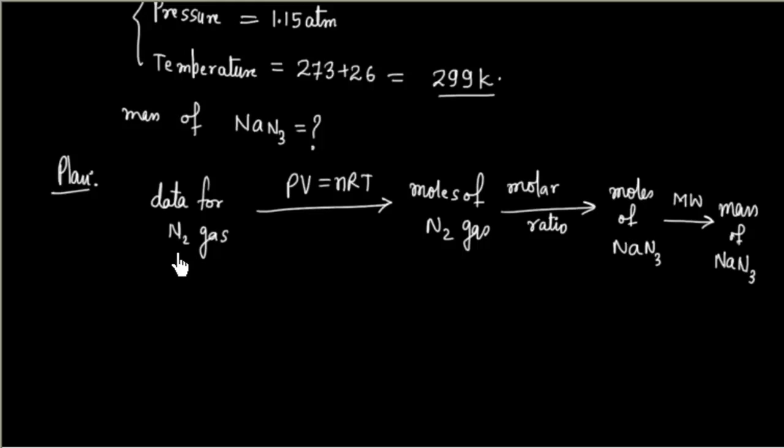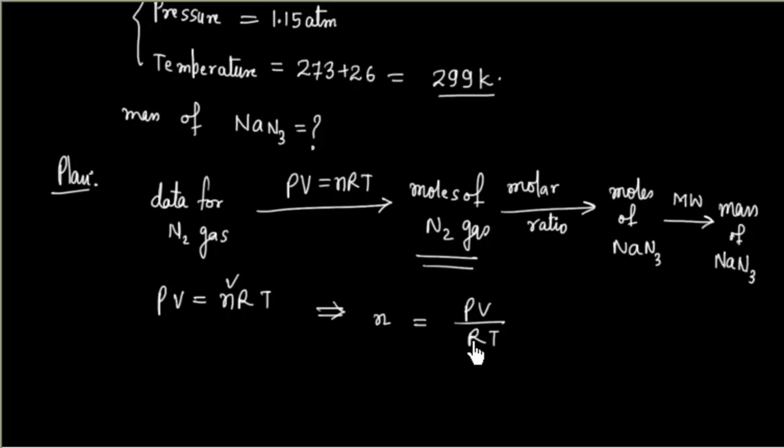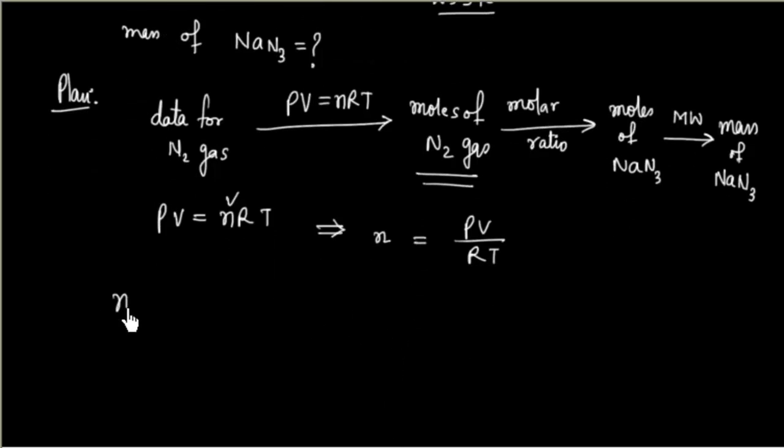First thing is we have to convert into number of moles of nitrogen gas. So let us apply PV equals nRT. I need number of moles, so solve for n: n equals PV by RT. Let us plug these values.